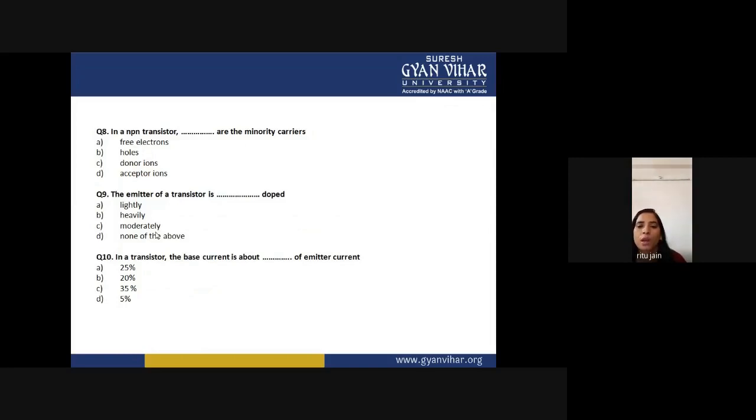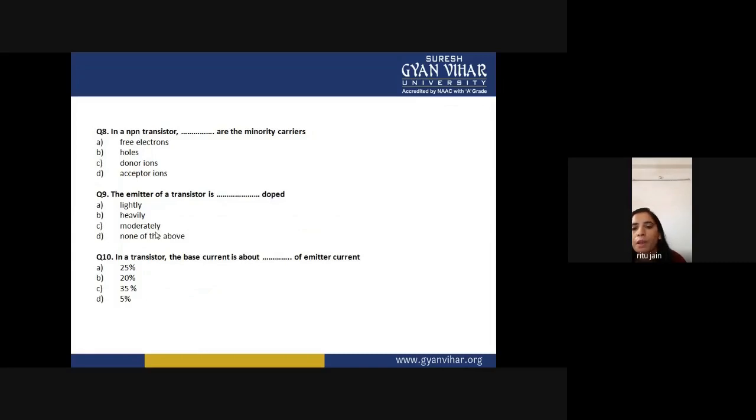The options are: A lightly, B heavily, C moderately, and D none of the above. So the emitter is your heavily doped layer or terminal. The right answer for this question is B.